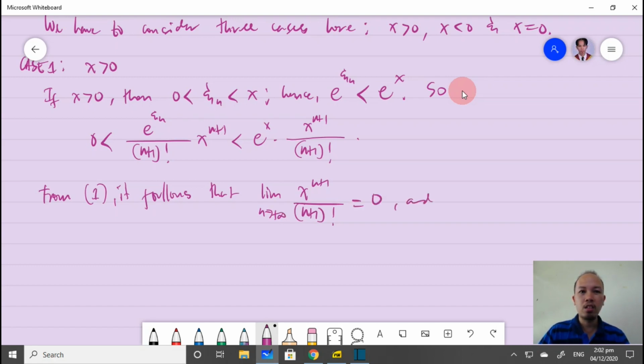And so the limit of e to the x over n plus 1 factorial. What happened?